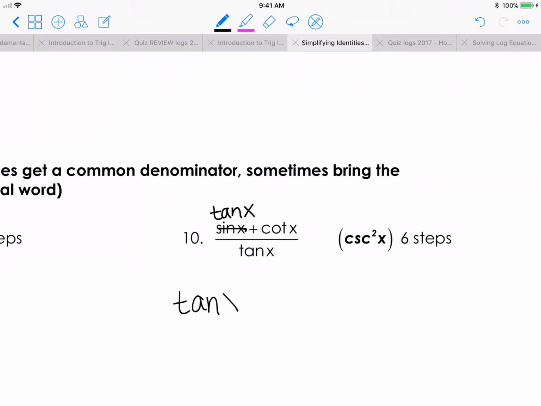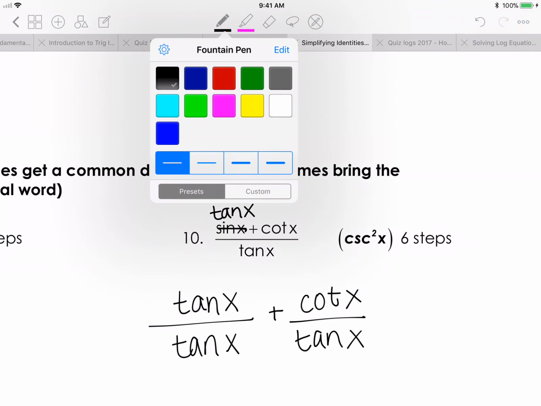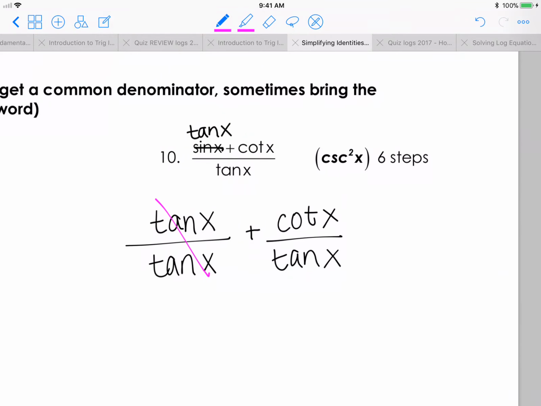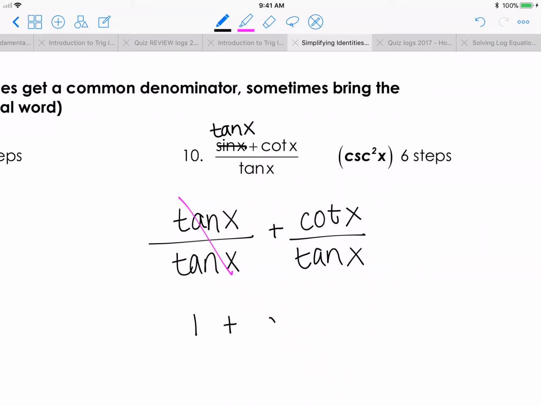So we can go tangent of x over tangent of x plus cotangent of x over tangent of x. Okay, so what happens to these tangents? They cancel, and so we're left with 1 plus cotangent of x over tangent of x. Okay, so we split right there.